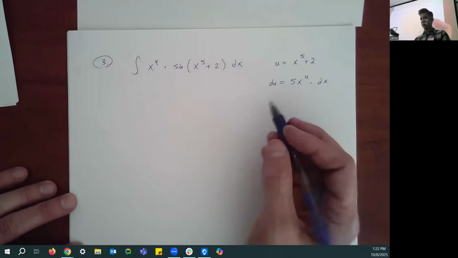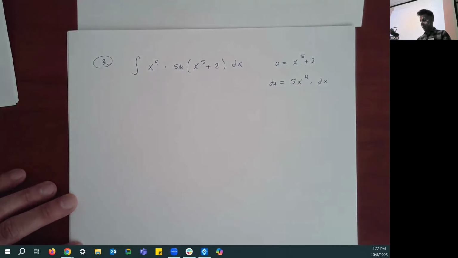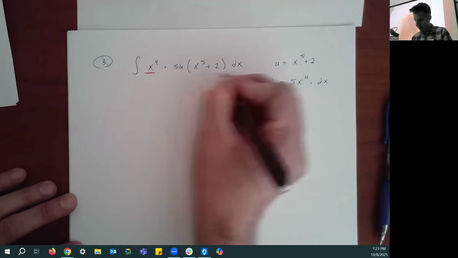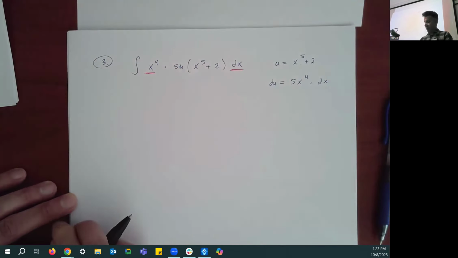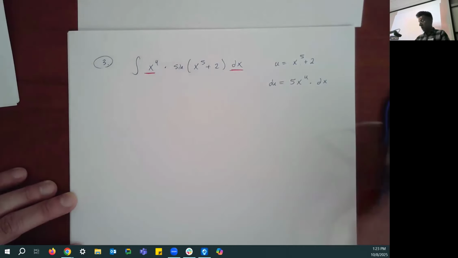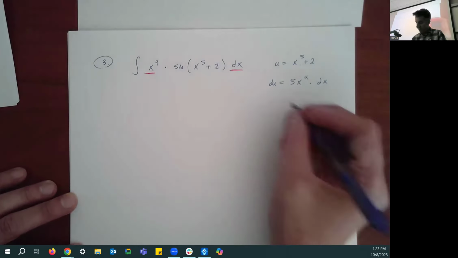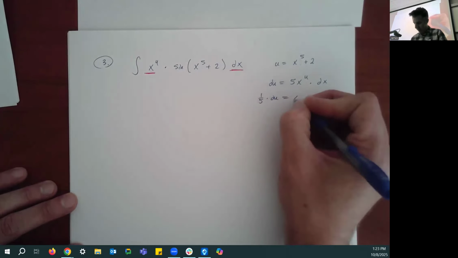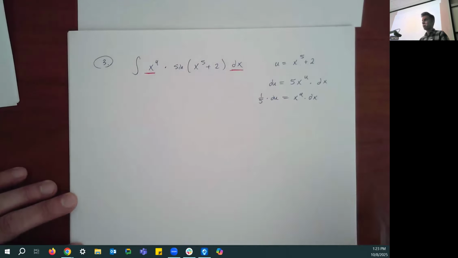There's a couple different ways to go about doing this. My preference is to say, look, in my integral, I have an x to the fourth times dx. So I would like to make this thing over here look like an x to the fourth times dx. So I'm going to multiply both sides by 1/5 and say that 1/5 times du is equal to x to the fourth times dx.